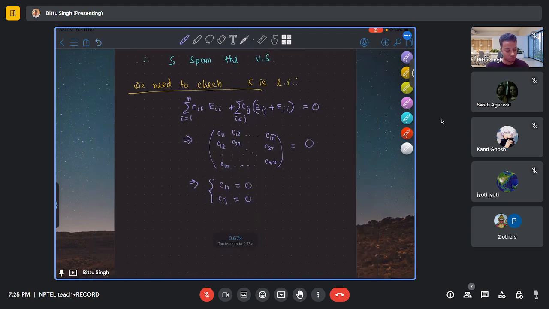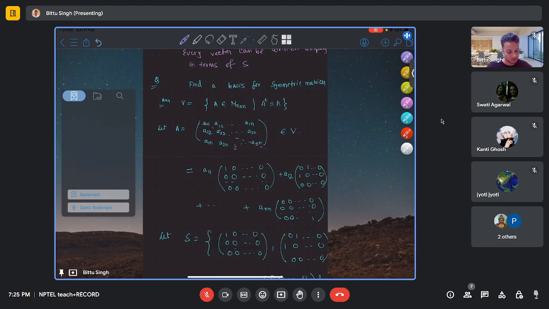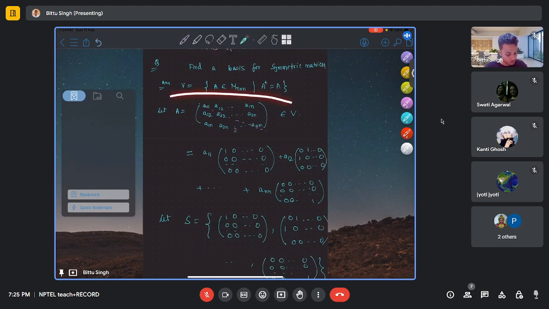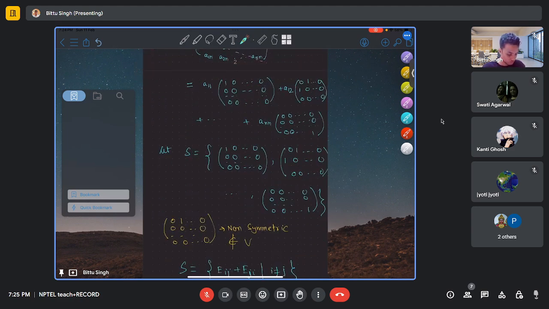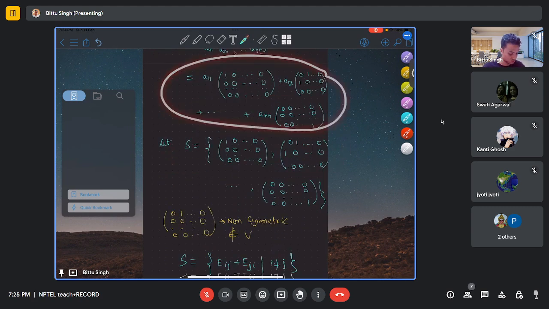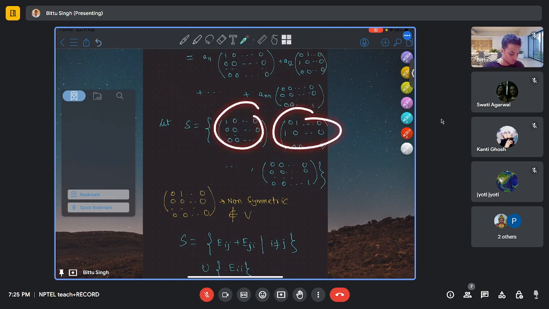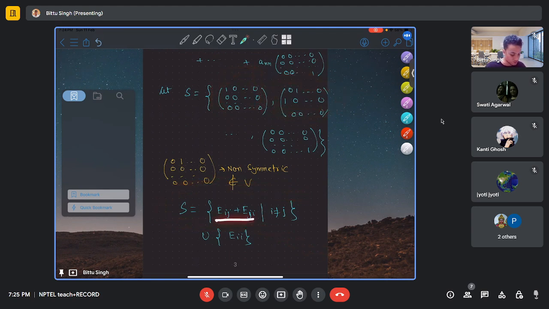So first we have shown S is a spanning set. That is, any matrix A you have taken, you can write as a linear combination of those particular matrices, which are explicitly written as Eij plus Eji, that is flipping along the diagonal, the 1,2 entry plus the 2,1 entry.